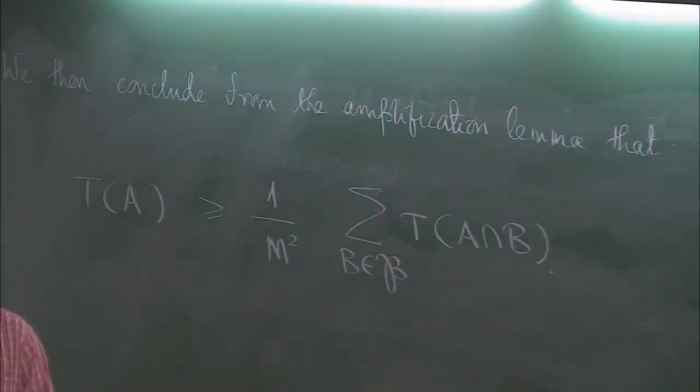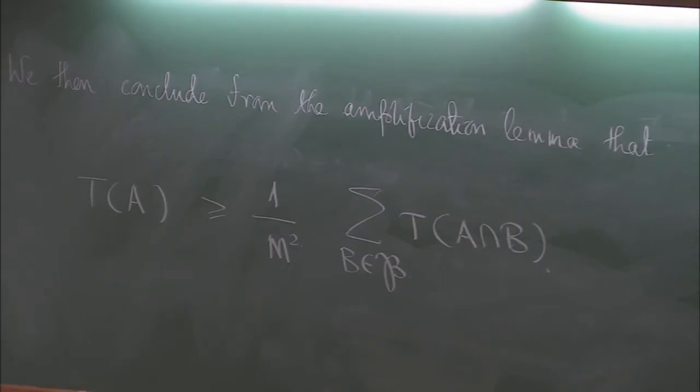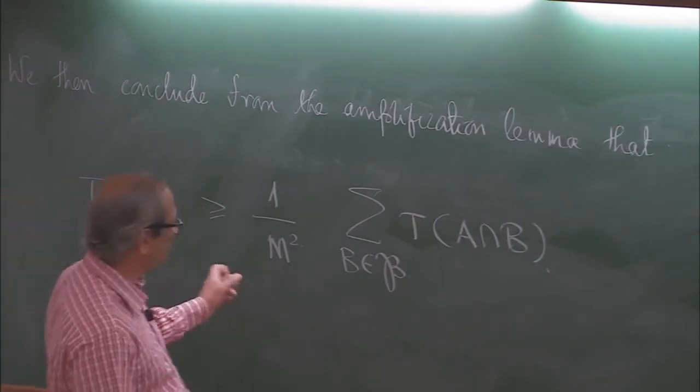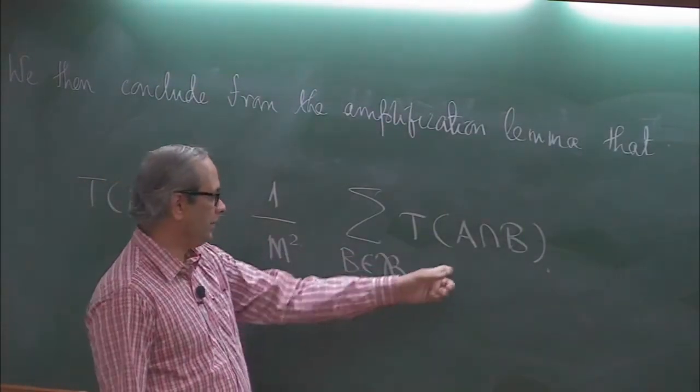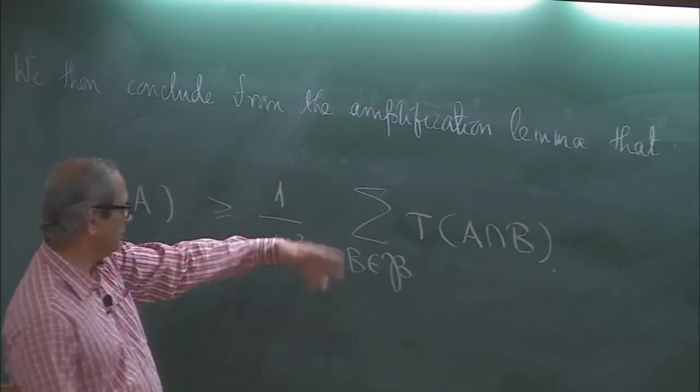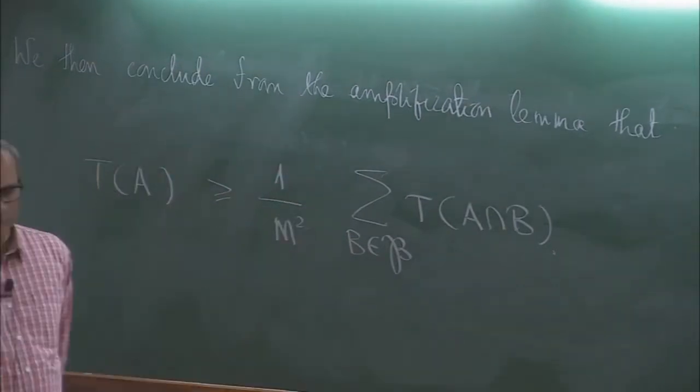So this was the lower bound we obtained using the amplification lemma. We said that we can introduce this family and actually amplify this T of A for the lower bound.